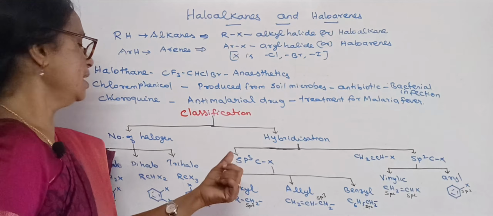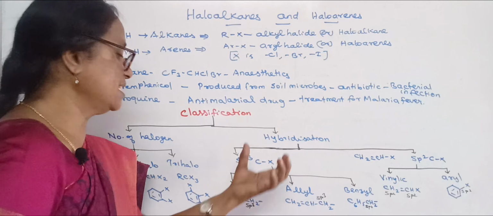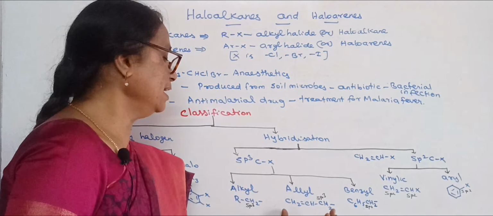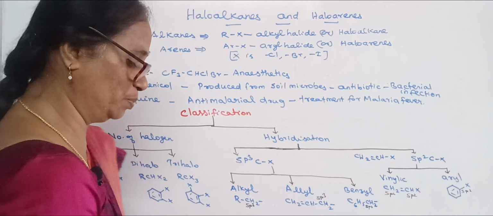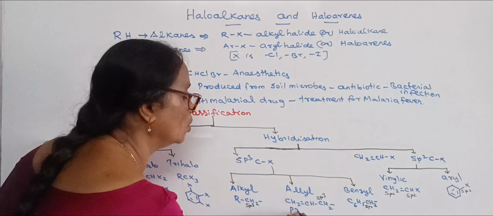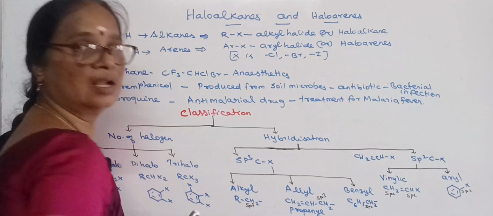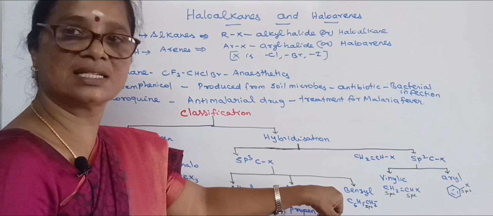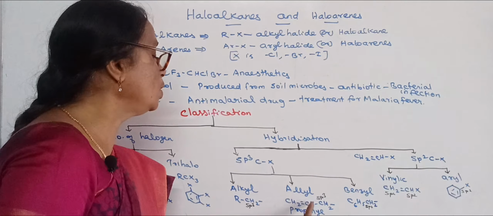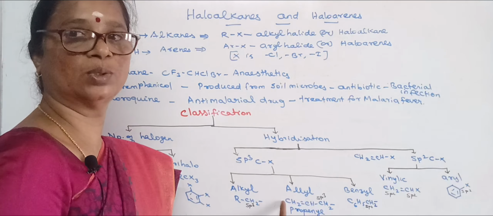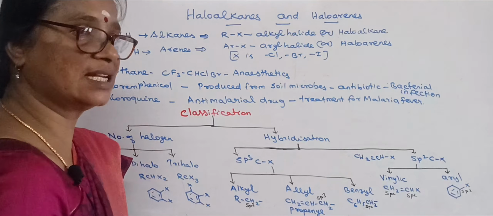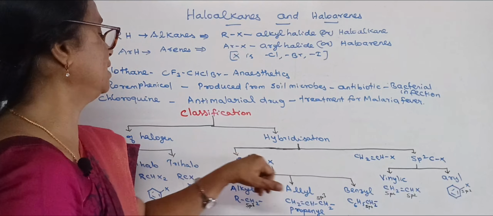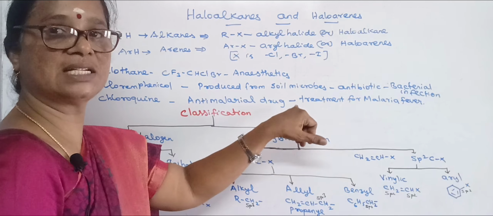Let us see now the sp3 hybridized carbon. This is further divided into alkyl, allyl and benzyl. Allyl is nothing but a propenyl group. So in this propenyl, I have the CH3 carbon at sp3 hybridized and the other two doubly bonded carbons are sp2, but the halogen is attached to the sp3 hybridized carbon, so this belongs to sp3 hybridization.